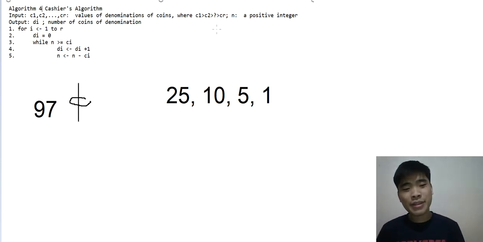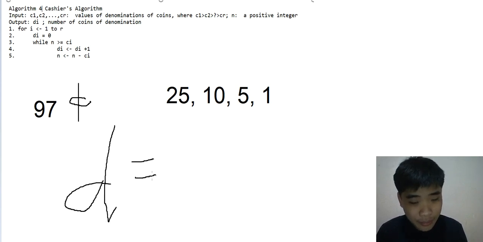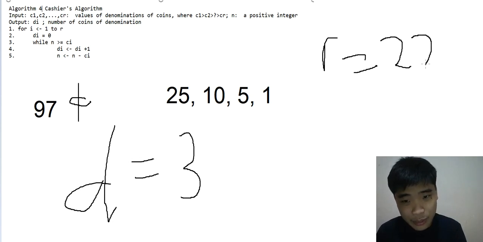So 97 is divisible by first 25. When we divide it, we have a quotient of 3. So we have 3. The remainder here is 22.